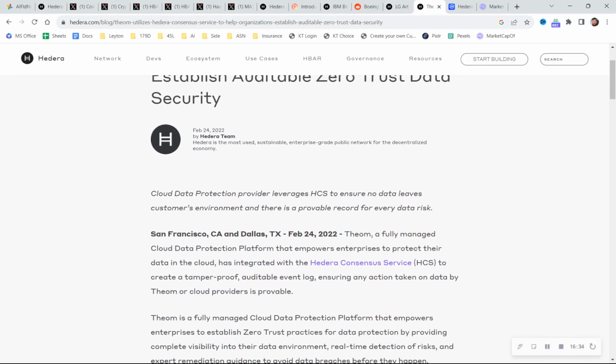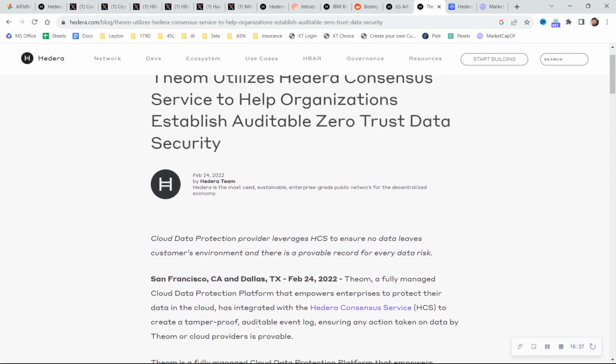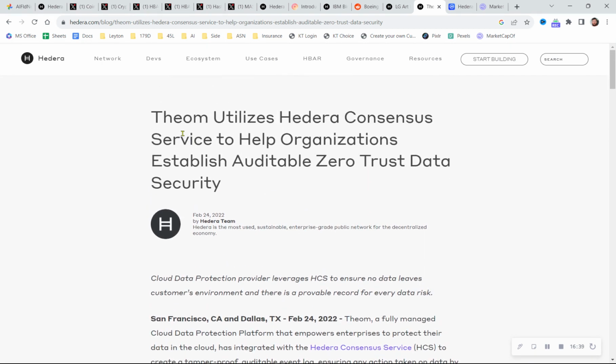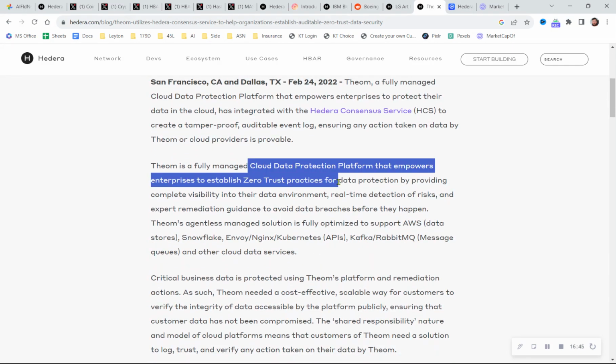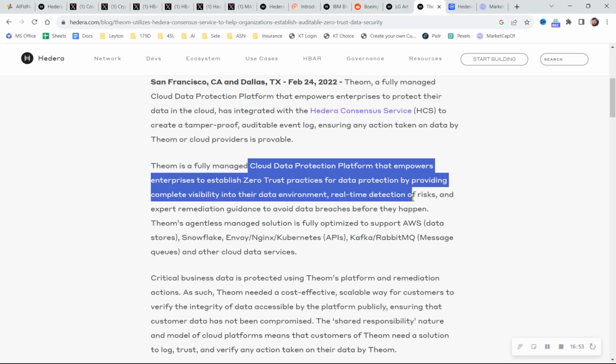Here's some more information I thought was a little bit more technical. It's with Hyam, not really sure how to pronounce that, but they're a cloud protection platform that empowers enterprises to establish zero trust practices for protection.